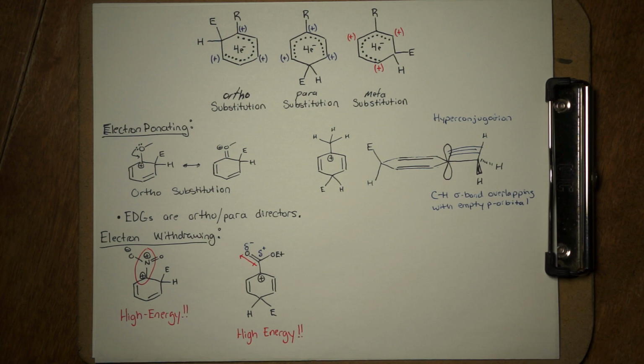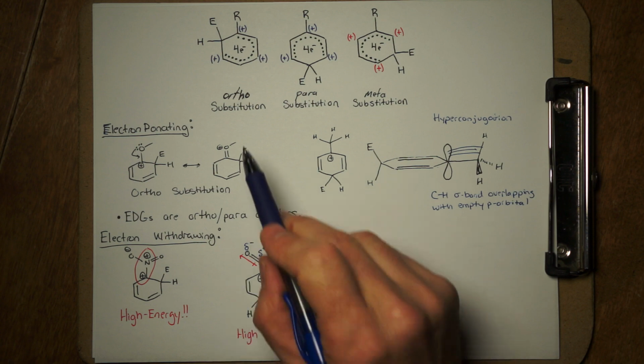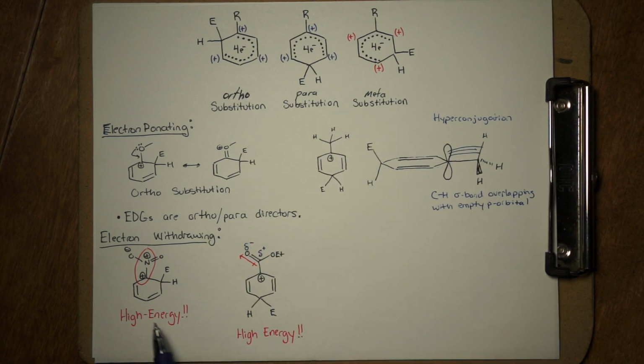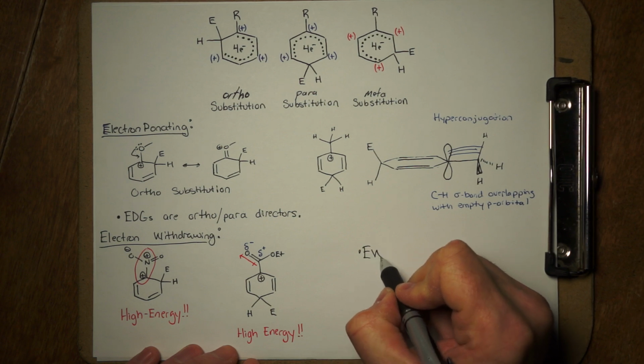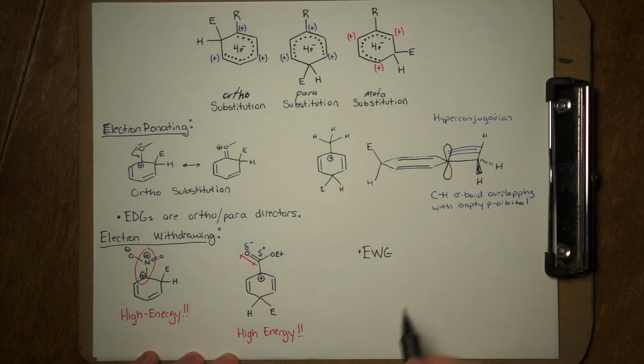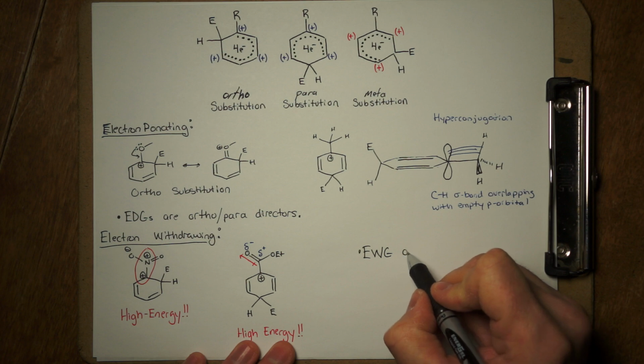Okay, so when there's an electron withdrawing group on a benzene ring, when that arene undergoes substitution, it's going to avoid ortho and para substitution because those are going to create very high energy intermediates. All right, so for electron poor arenes, electron withdrawing groups are meta directors.